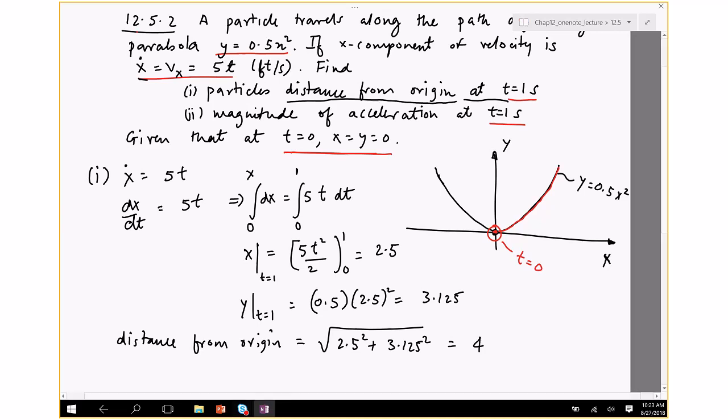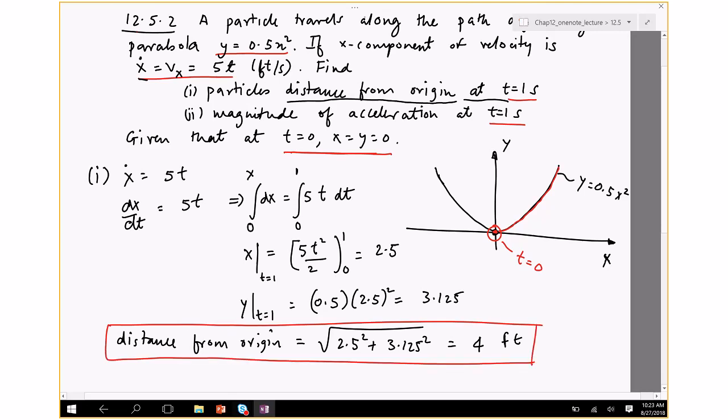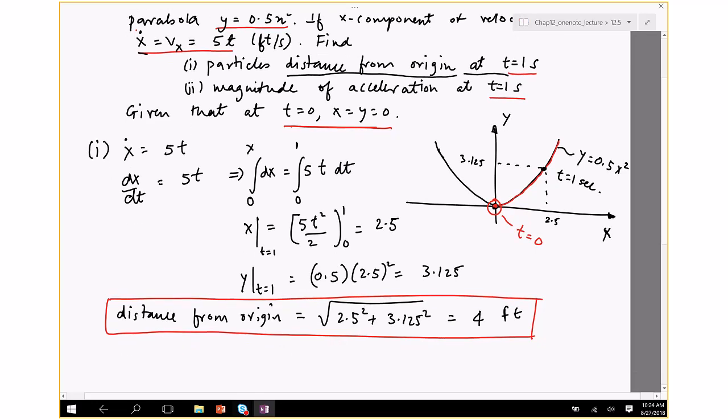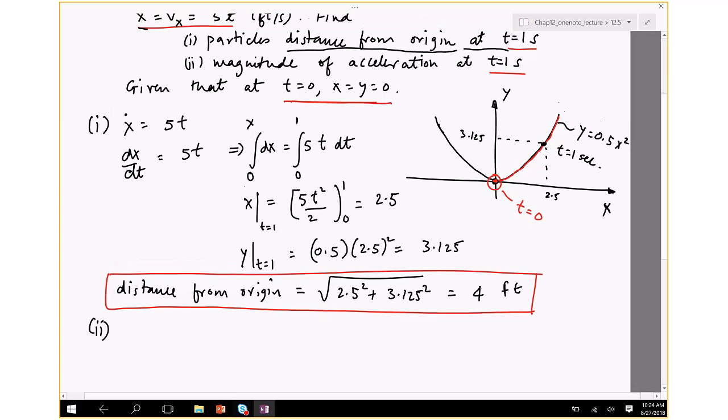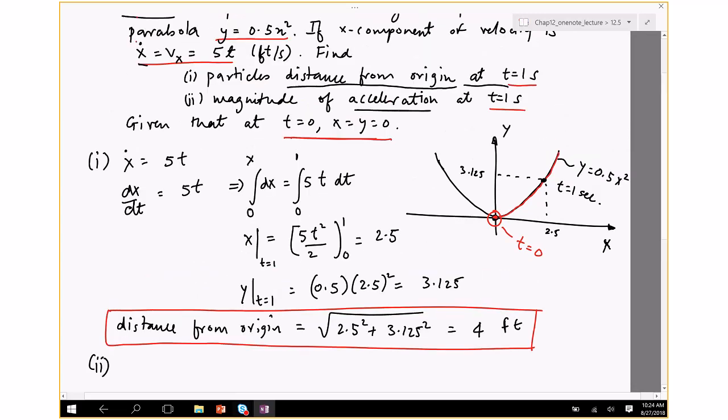It's 4 feet. Okay, which means that it's going to be somewhere here, 2.5, 3.125, right? At t equals 1 second. Okay, and distance from origin is simply the Euclidean distance, which is just what I've written down from 0. The second part asks to find the acceleration at time t equals 1 second.